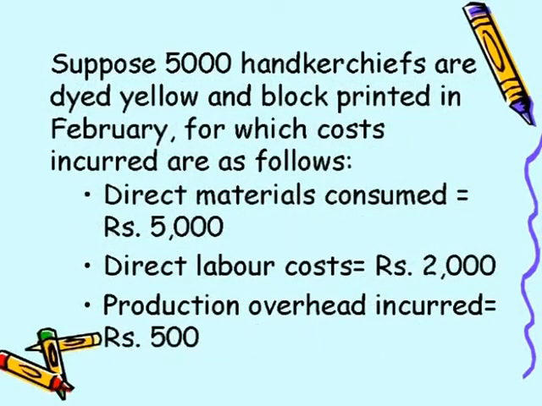Suppose 5,000 handkerchiefs are dyed yellow and block printed in February, for which costs incurred are as follows. Direct material consumed 5,000, direct labor cost 2,000, production overhead incurred rupees 500.